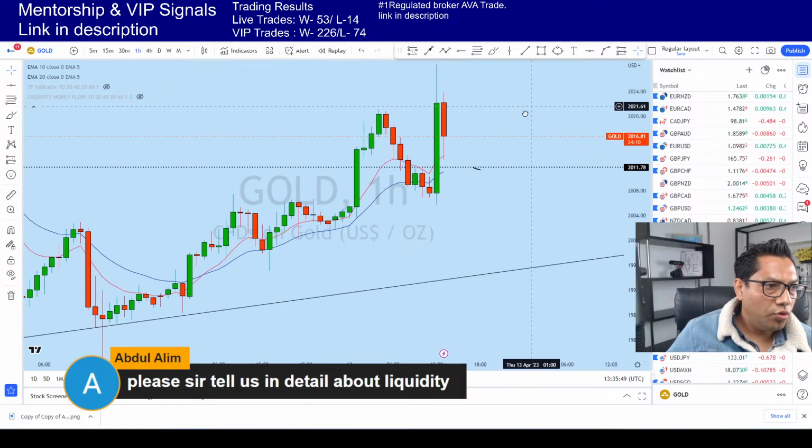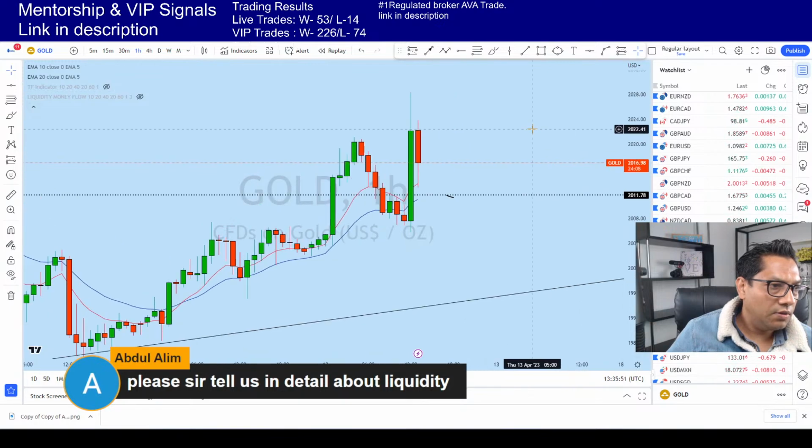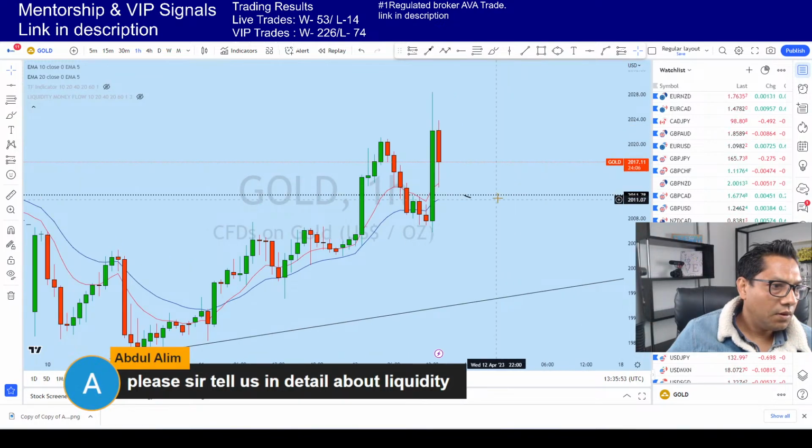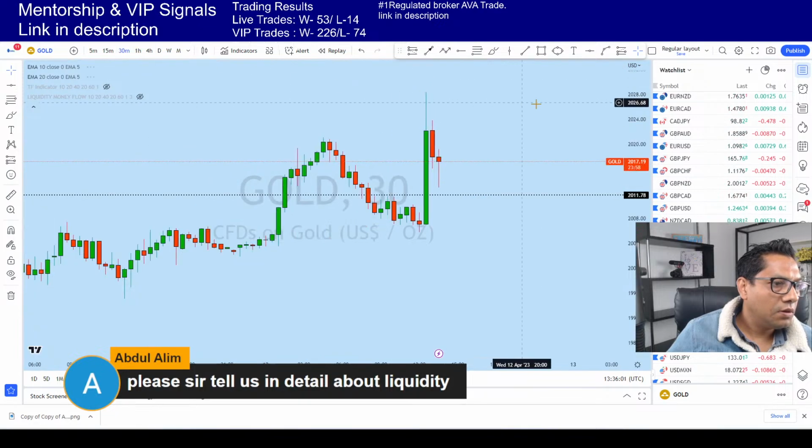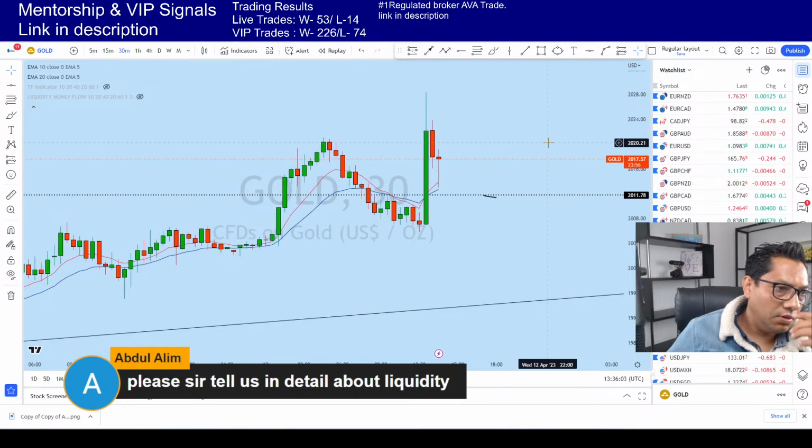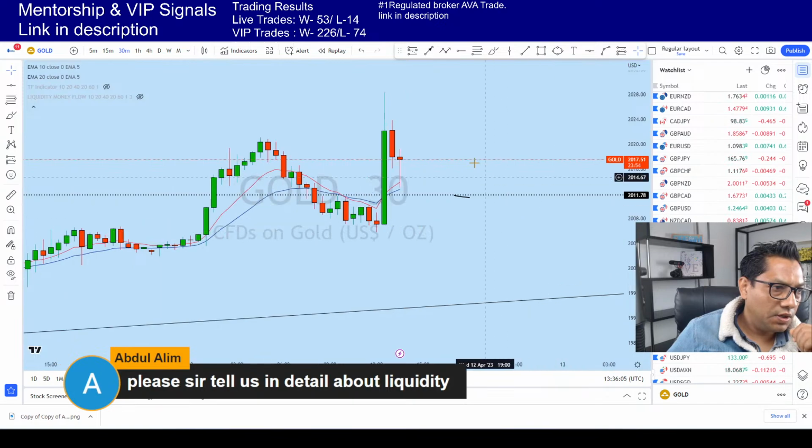Still 24 minutes for this 1 hour candle. Would be happy to see a little down here. So it already made a move to the upside.